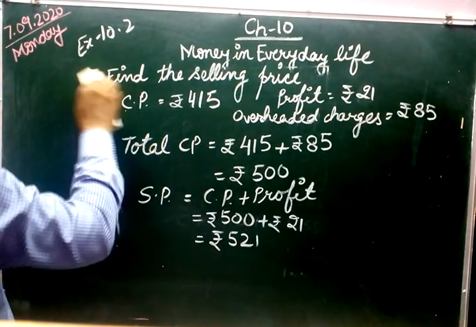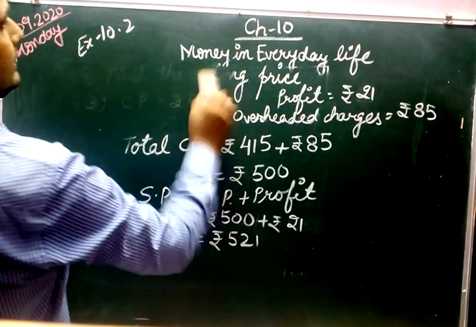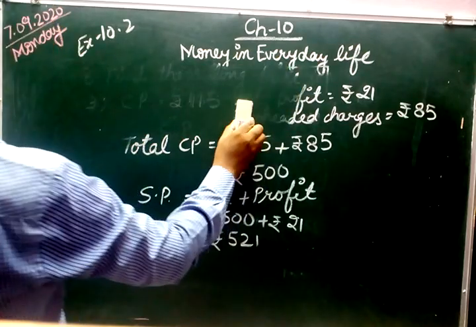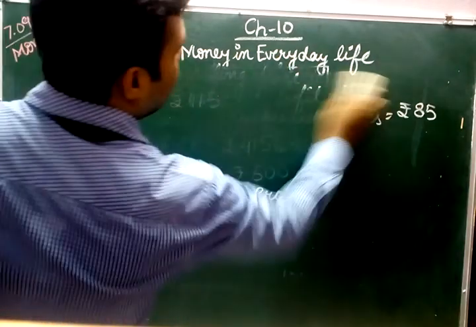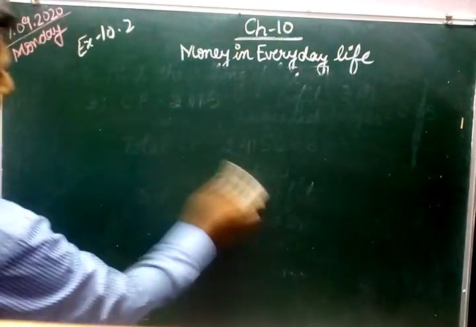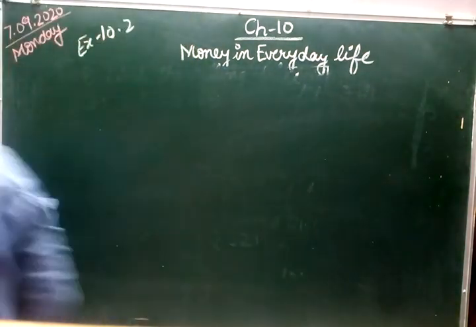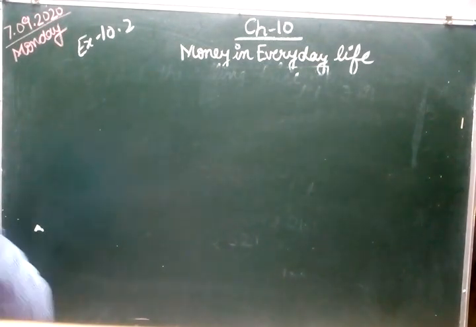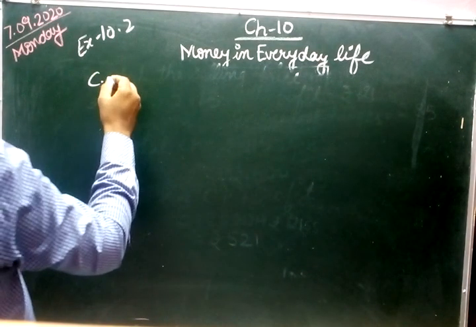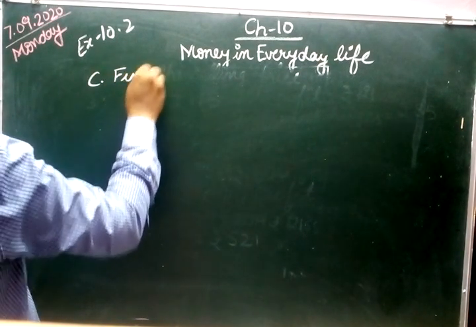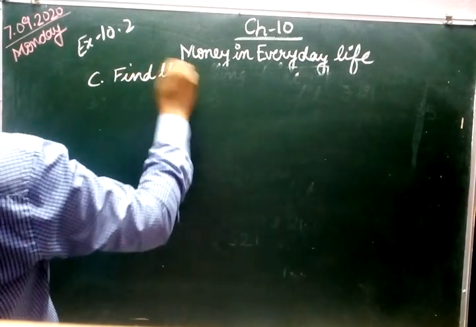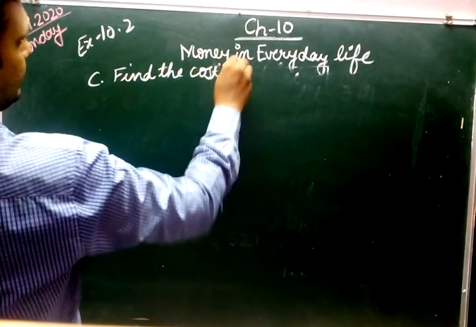Another question, for finding the cost price. This is question number C of your book, exercise 10.2. Find the cost price.